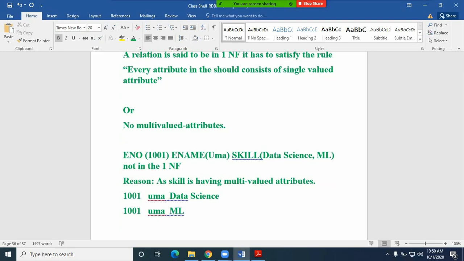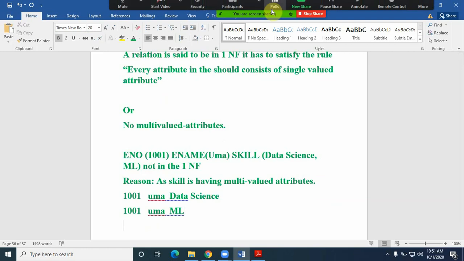Likewise, one table may not be in 1NF due to multi-valued attributes, and you can simply divide the appropriate record into multiple records. Likewise you can achieve the 1NF notation.